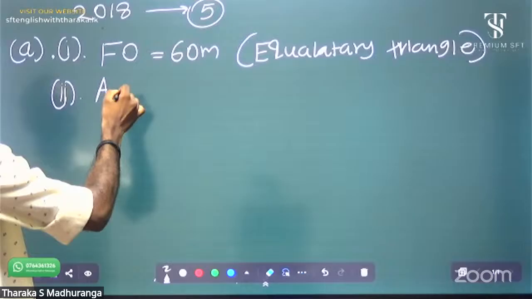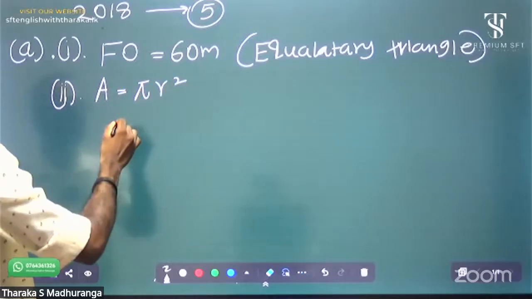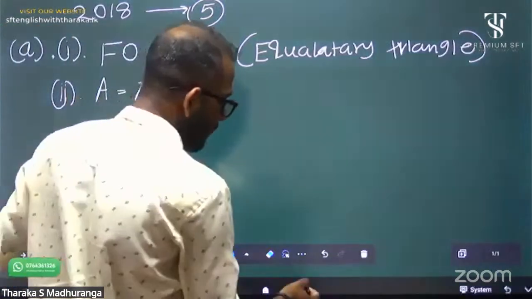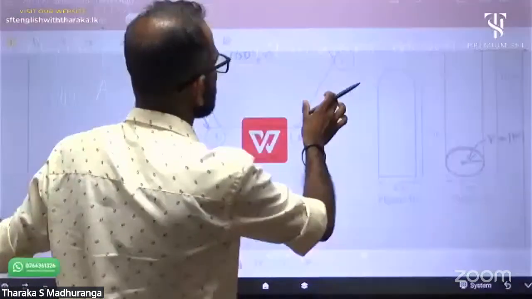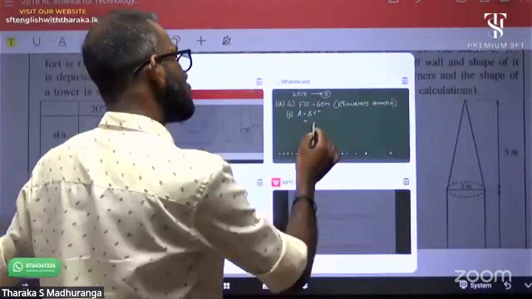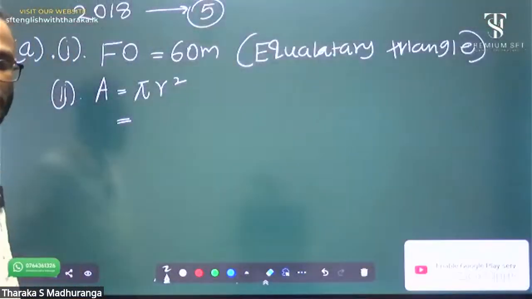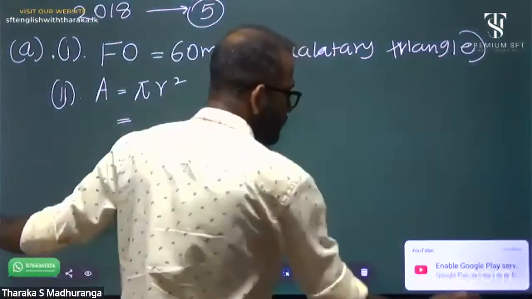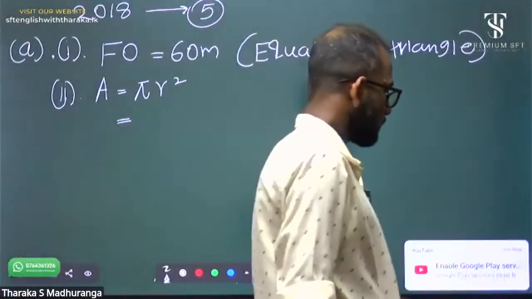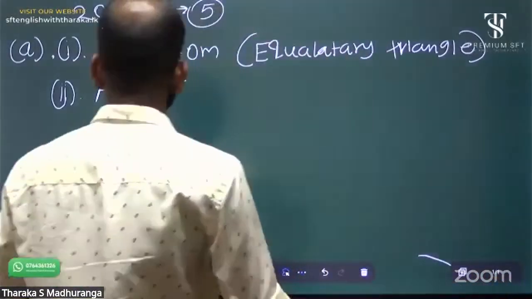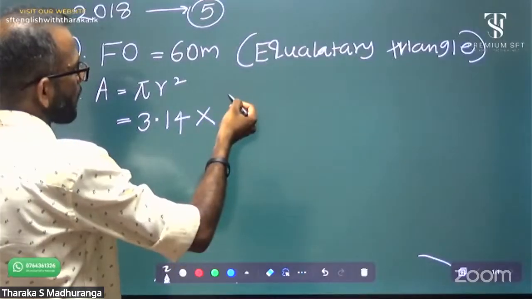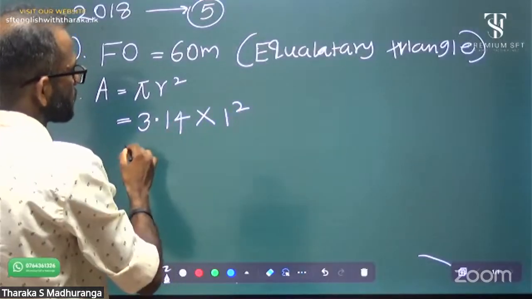Then area equals pi r squared. Now you can't use 22/7. The pi value is already given, pi equals 3.14. If the question gives a value, you can't use other values. So 3.14 times 1 squared.